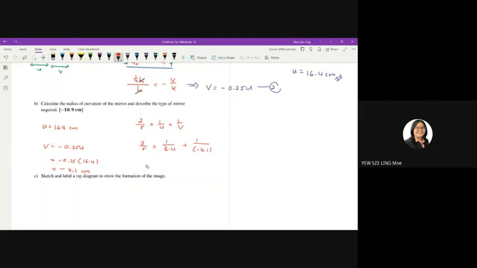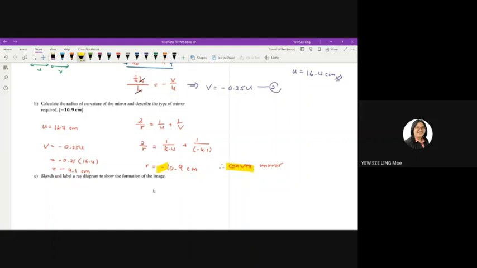So R is then equal to negative 10.9 cm. Now you have a negative value right here, it means that this is a convex mirror. So the negative sign tells you this is a convex mirror.